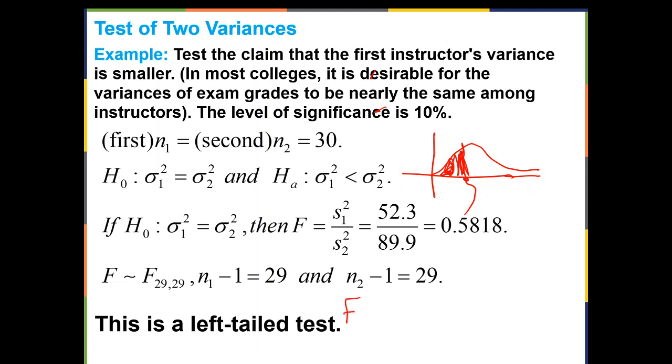Using F CDF. And then from 0, because nothing before 0, right? From 0 to 0.5818, comma, degrees of freedom of the numerator is 29 and comma 29. And that's it. That's the p-value.